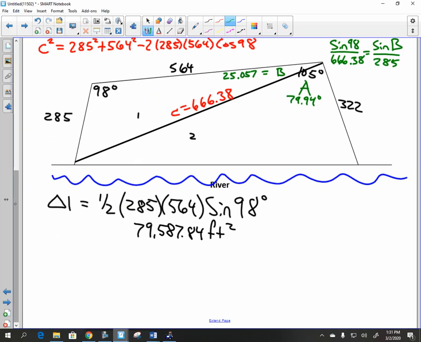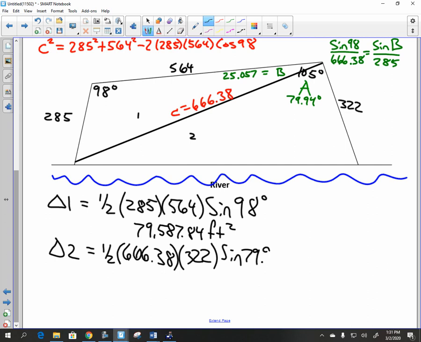JJL knows how to do it now. JJL, what do we do now? Okay, triangle 2. I do 1/2 times 666.38. What's the other side? 322 times, as Jack said, sine of 79.94.